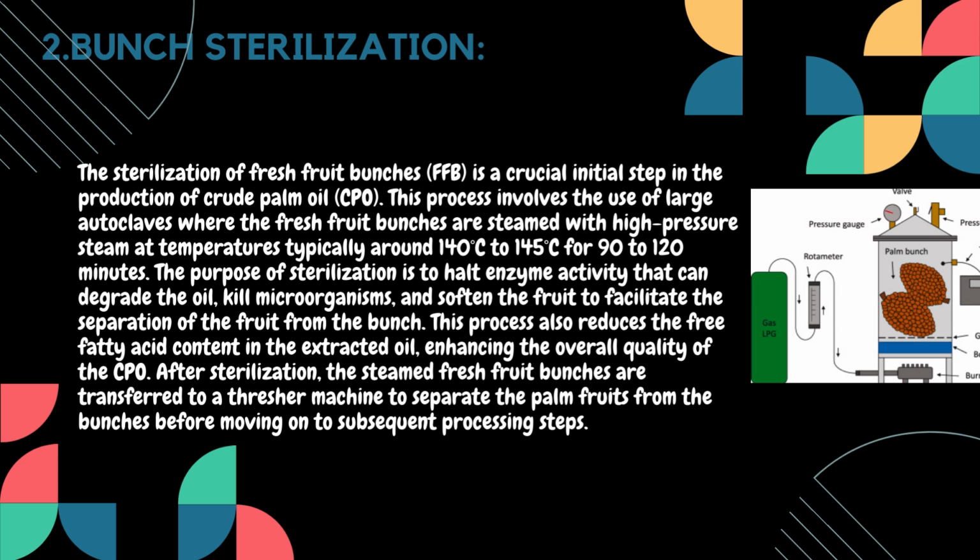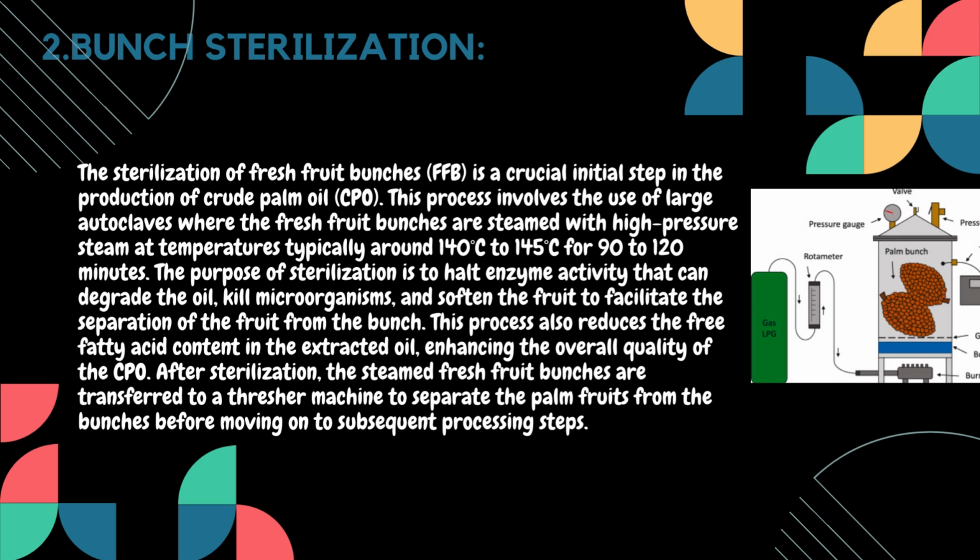The second process is bunch sterilization. The sterilization of fresh fruit bunches is a crucial step in the production of crude palm oil. This process involves the use of large autoclaves where the fresh fruit bunches are steamed with high pressure steam at temperatures typically around 140 degrees Celsius to 145 degrees Celsius for 90 to 120 minutes.